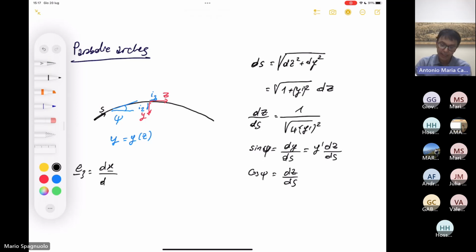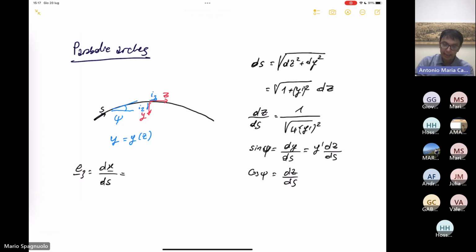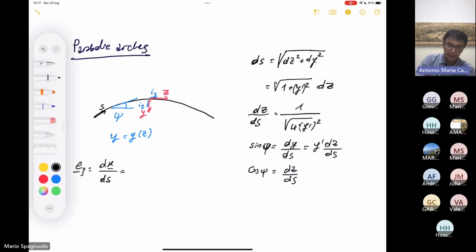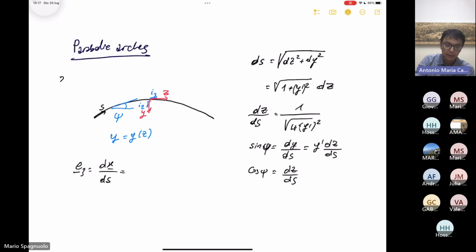So dx over ds, we can compute this since the vector x can be written as y i2 plus z i3 with the notation of the figure.